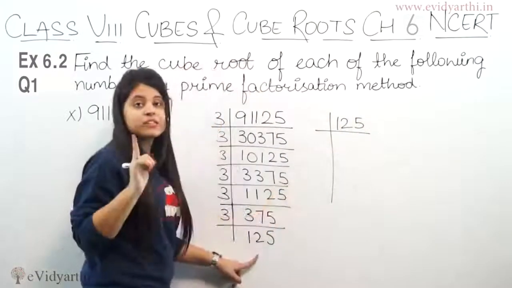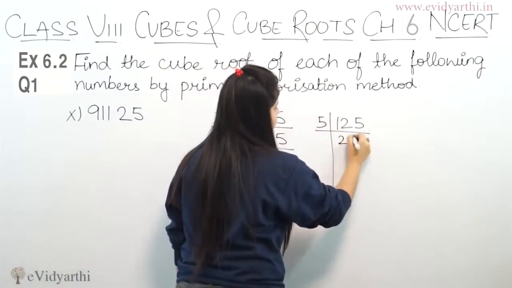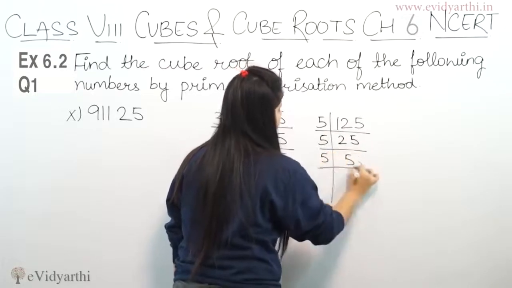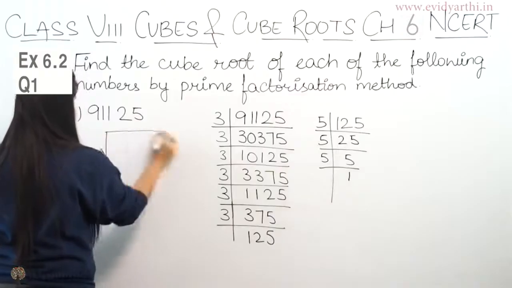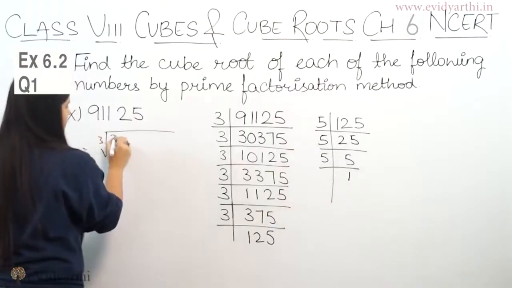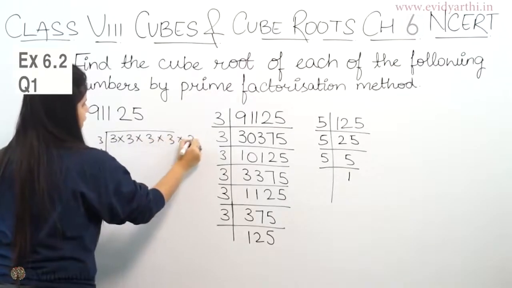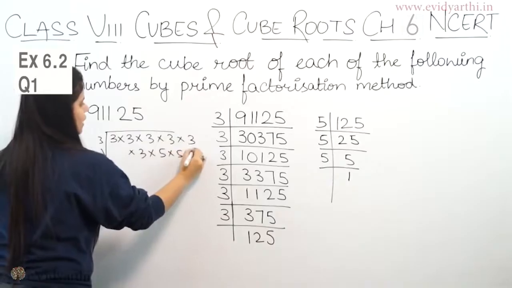So now we can say ये 3 से नहीं होगा. So 5, 25, 5, 5, 5 and 1. Right? So let's write the factors. It says 3 into 3 into 3 into 3 into 3 into 3 into 5 into 5 into 5.